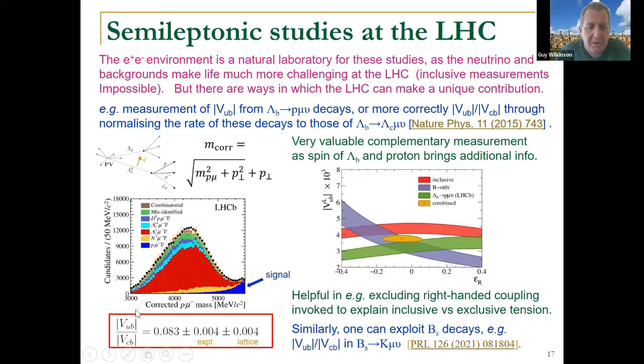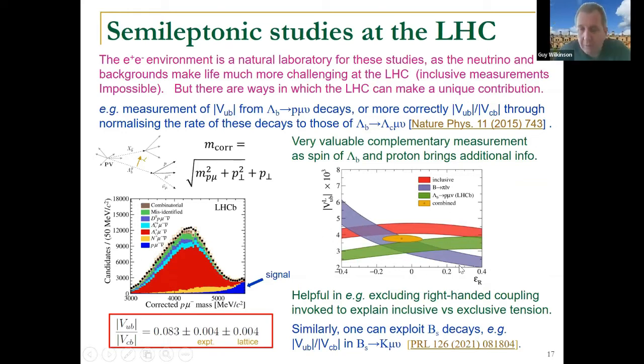So we have been able to observe this charmless B decay and measure its ratio compared to the charmed B decay, and therefore, again with the help of lattice QCD, extract VUB over VCB.